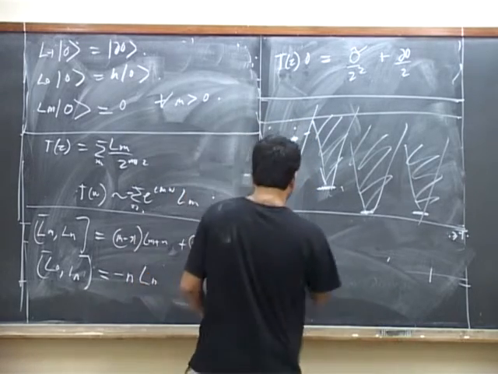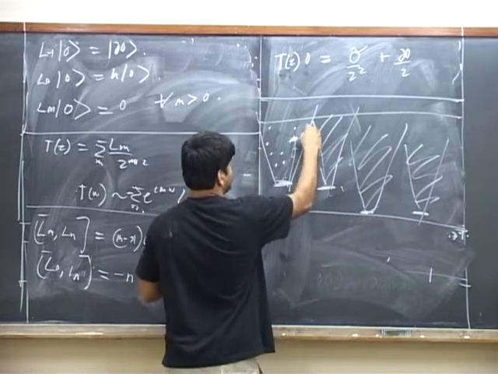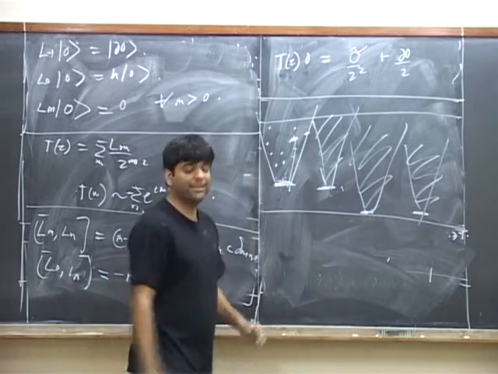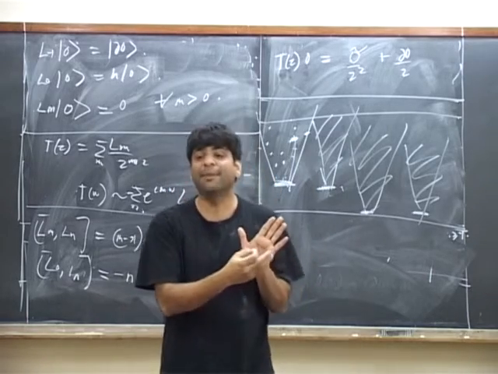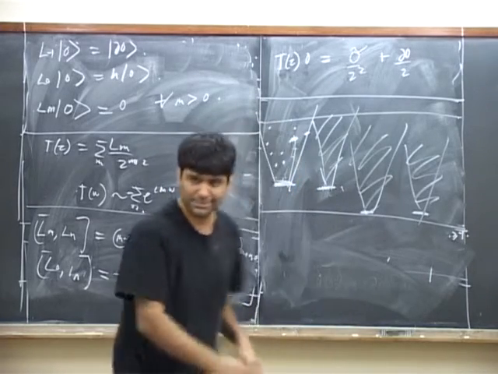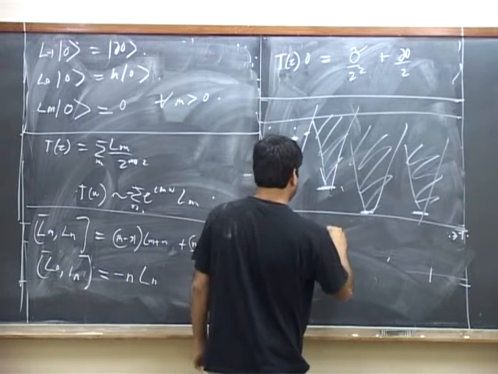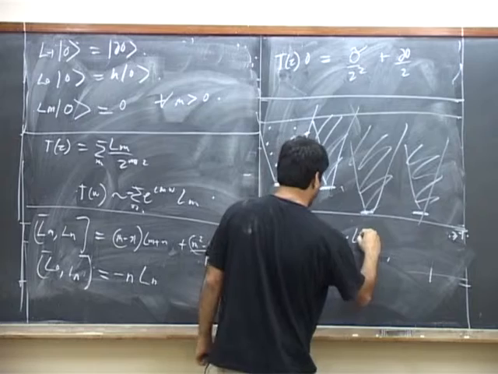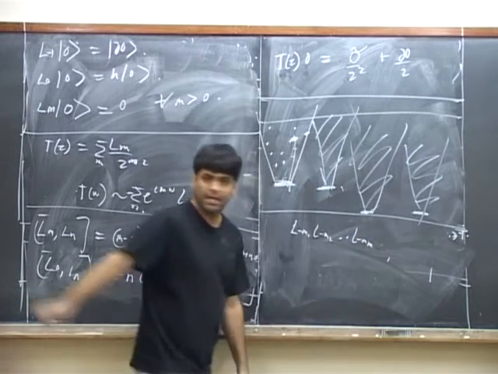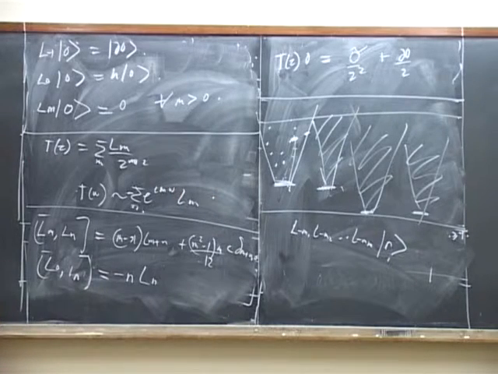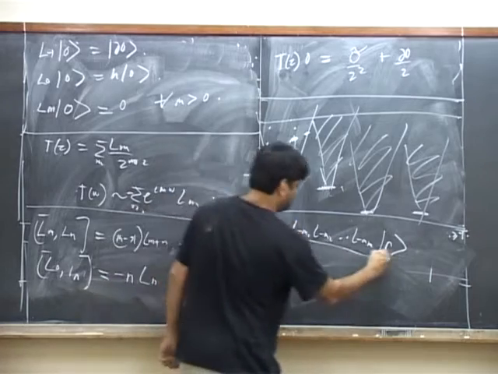Okay, so suppose this state was related to our primary by the action of some elements. Okay, so let's say it was L minus M1, L minus M2, up to L minus Mk, acting on some primary. Now I want to check what I get.